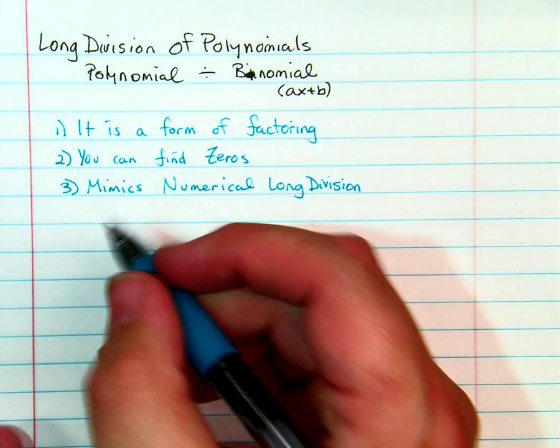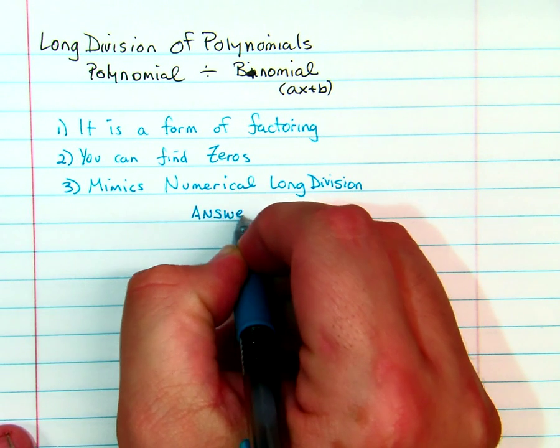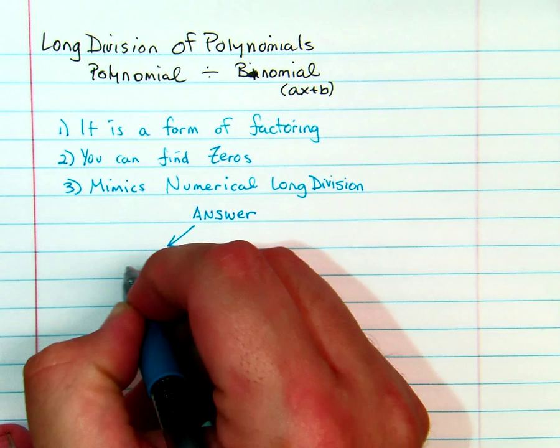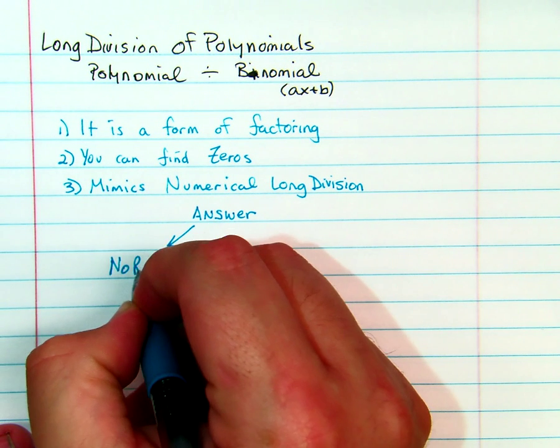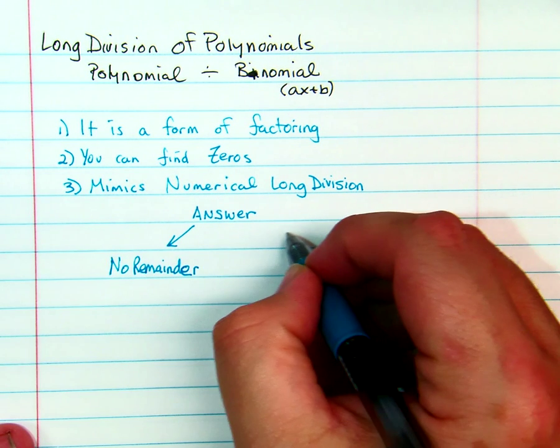And now, your answer, and this is going to be kind of like a flow chart. You're either going to get no remainder, or you're going to get a remainder.